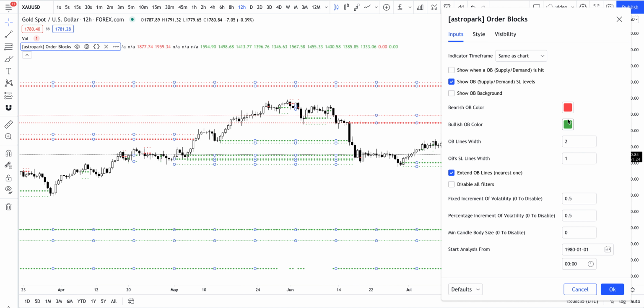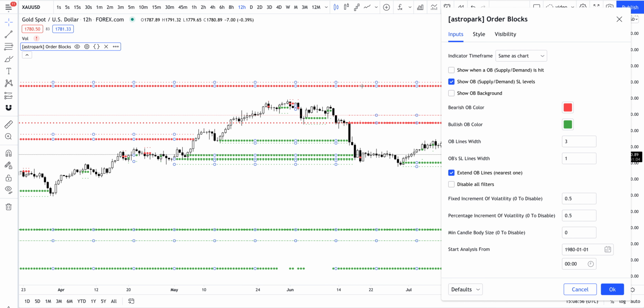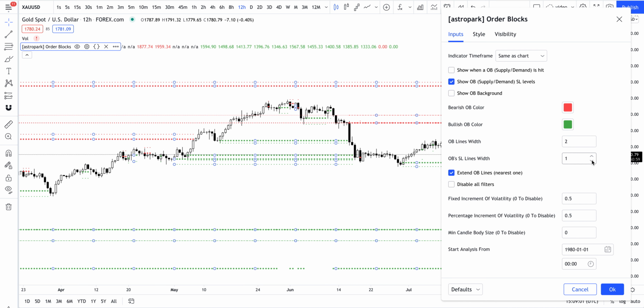You can, of course, change the colors, especially if you are used to having a black or dark background. You may choose to have something different. So basically, this is a supply, and you can change the dimension of both the starting point of the zone and the ending point, which is called here the stop loss.